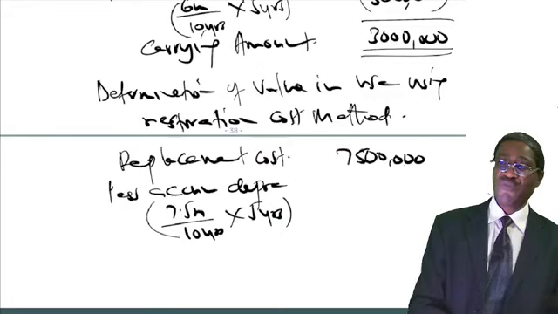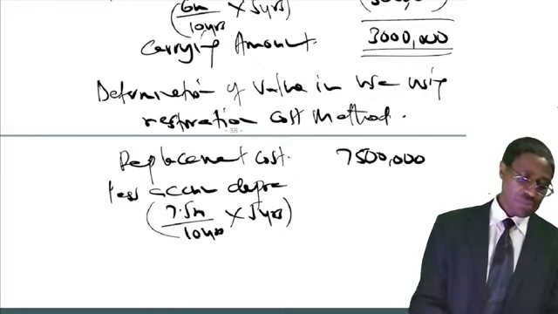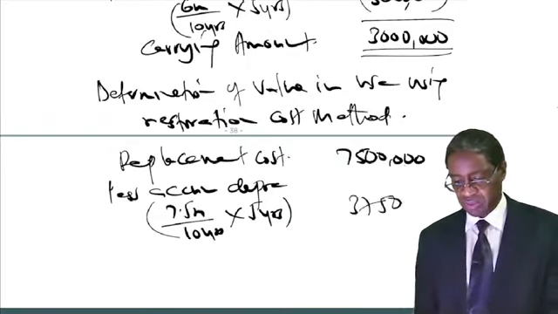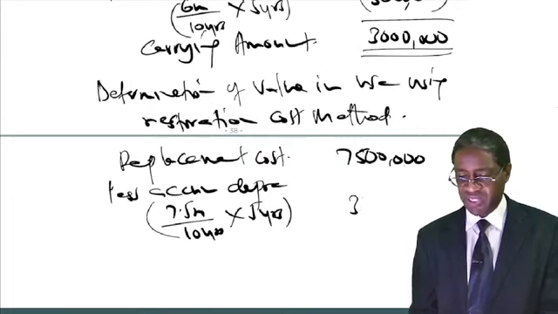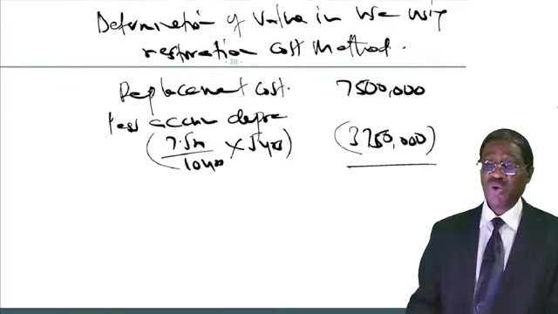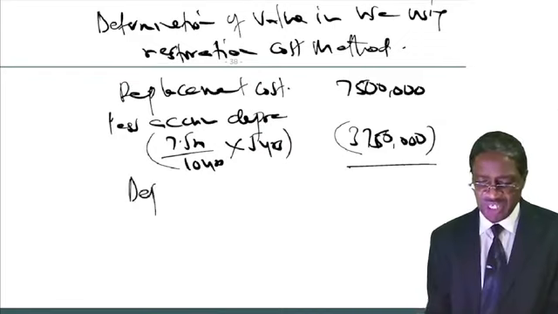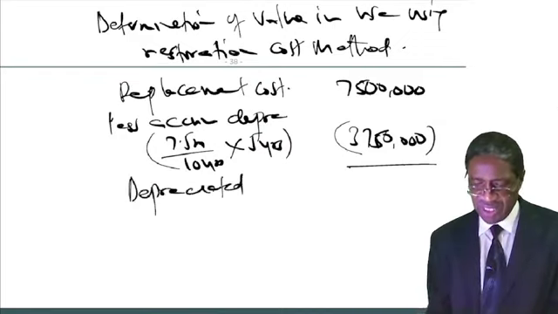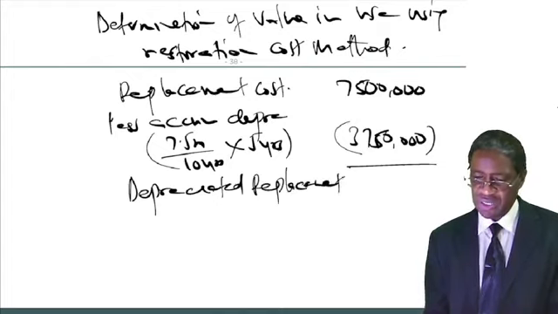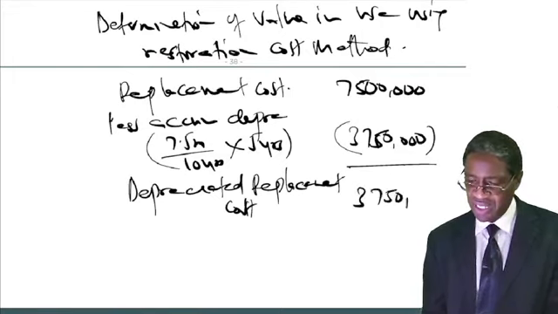What's a half of 7.5? It's 3,750,000. Which leaves me now with what we are calling depreciated replacement cost. Depreciated replacement cost is another 3,750,000.